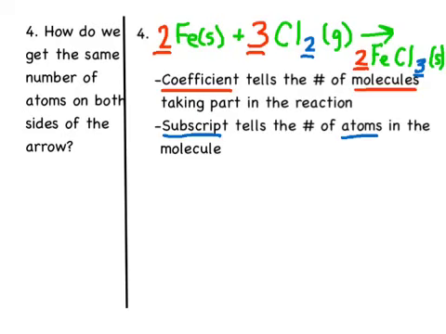Now, we can only change the coefficients. Okay, so we can only change these numbers out front. We cannot change the subscripts. The subscripts we must keep alone because they are there to make that molecule neutral. So let's put that down in our notes.